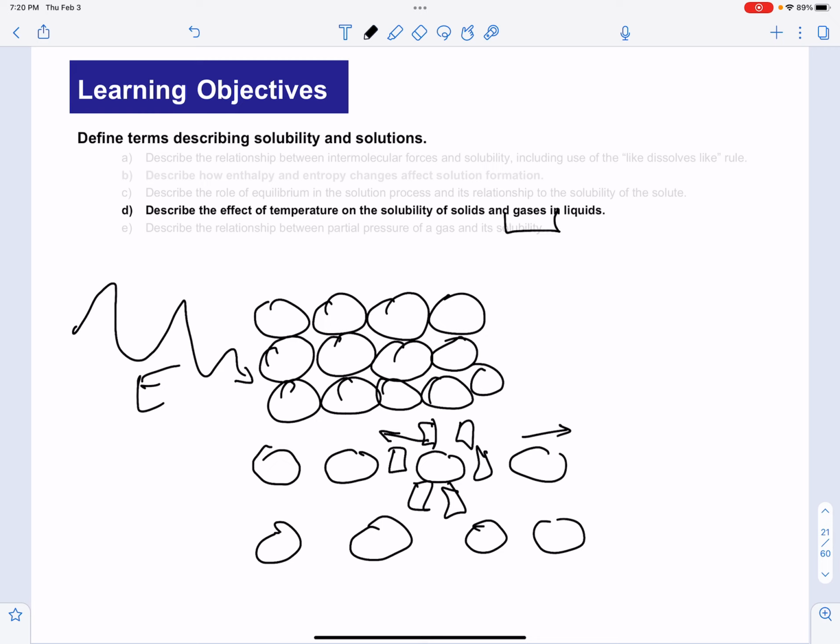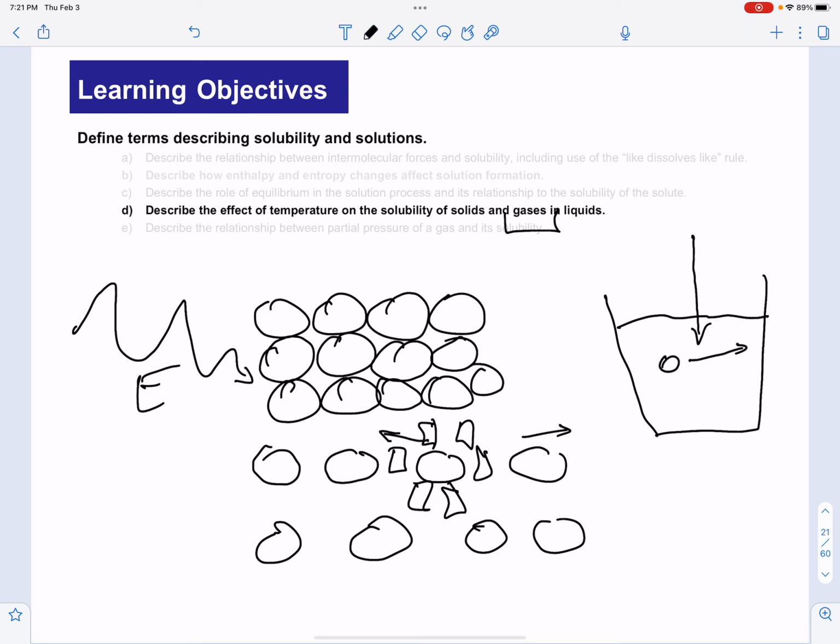Well, gases are going to be a little bit different. Because if you have a solvent and you try to put a gas in it, the gas, as we know, is moving a lot faster.